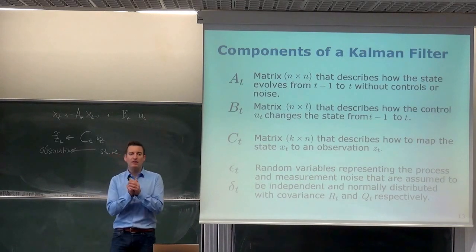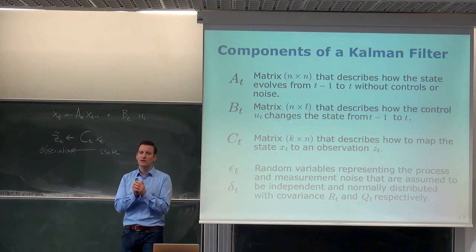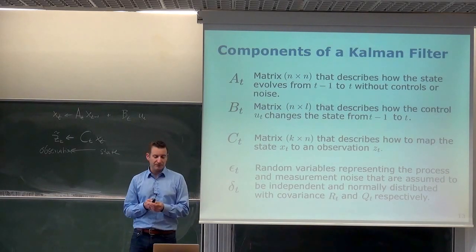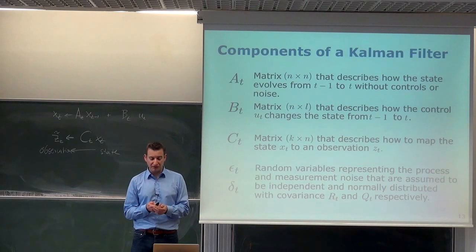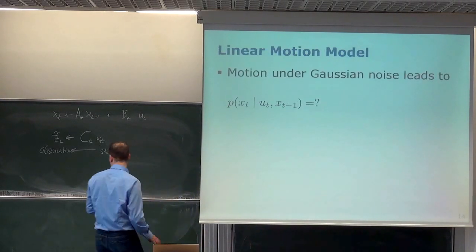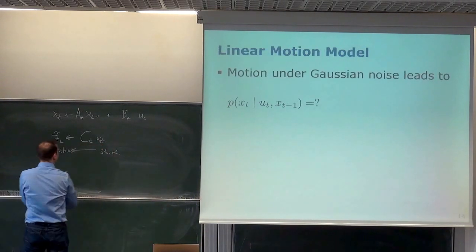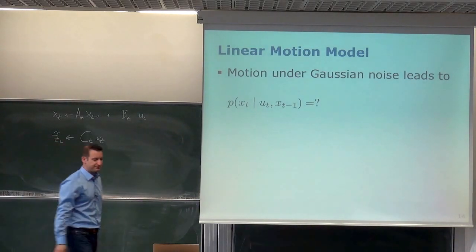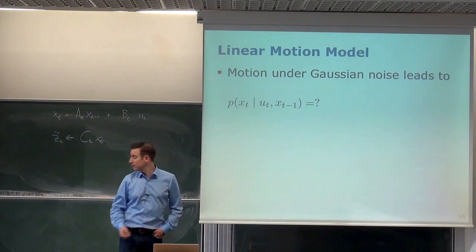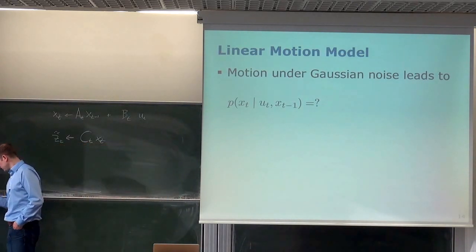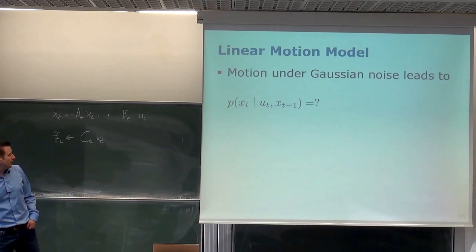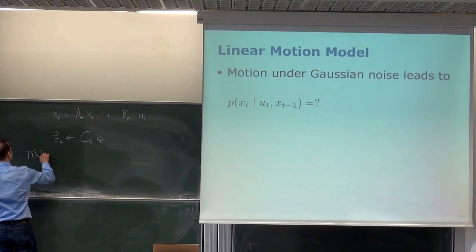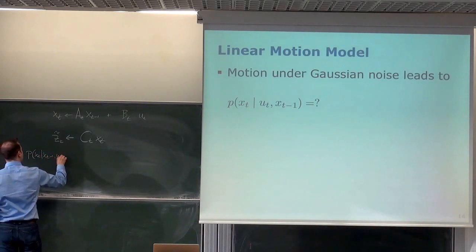Okay, so now we have all the components for the mean and the covariance matrix for the individual models here. So we can use this to now specify how my Gaussian distribution looks like for the motion. So I said we live in a Gaussian world, so we need to be able to write down p of xt given xt minus 1 and the command.